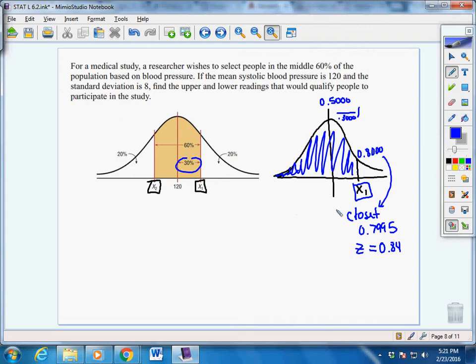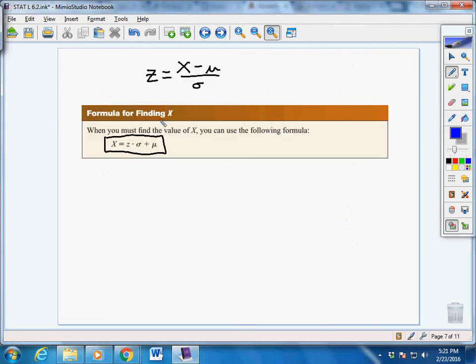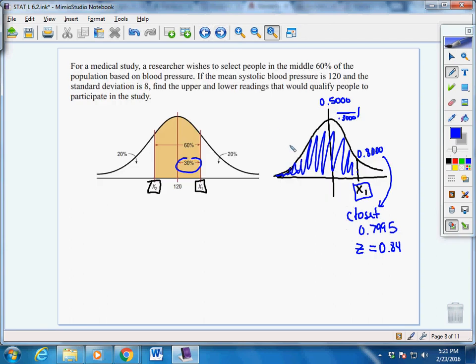Now, we want to be able to find the value with that. So use your formula. Remember, we did have this new formula here. Our x1 is going to be the z-score times the standard deviation plus the mean.